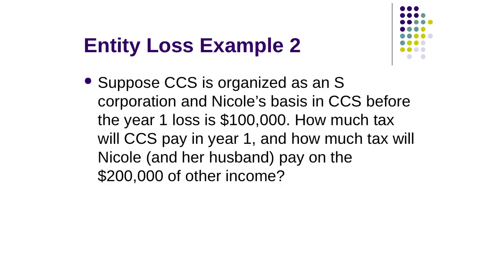All right, continuing our example problem. Let's suppose that CCS instead is organized as an S corporation. And Nicole's basis in CCS before the year one loss is $100,000. I'm going to get a highlighter so we can highlight our questions.